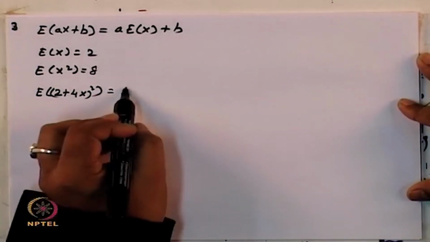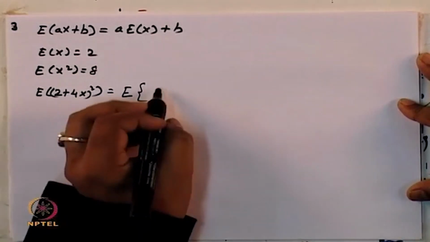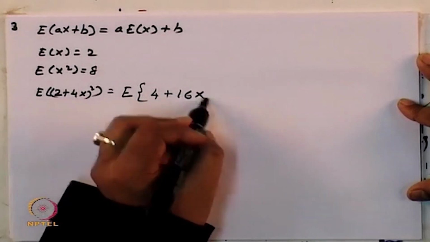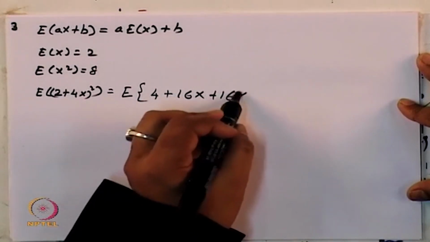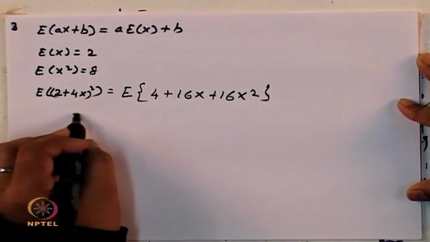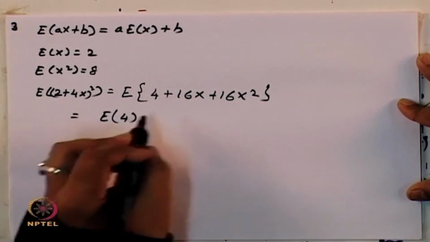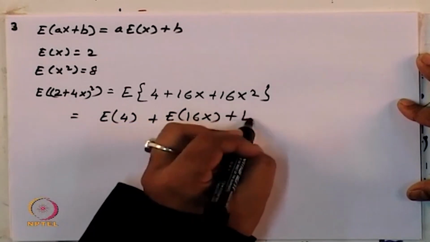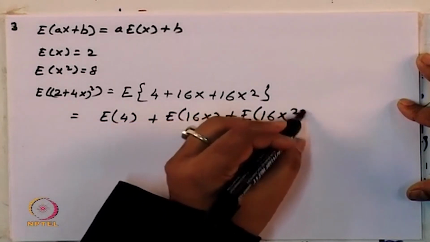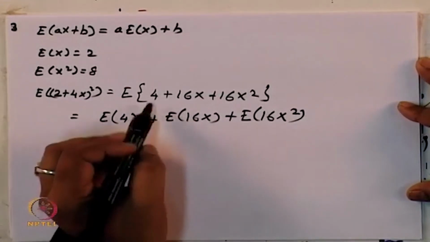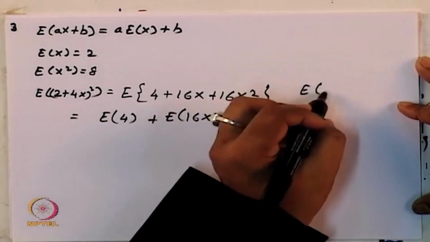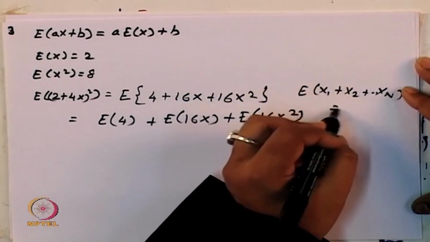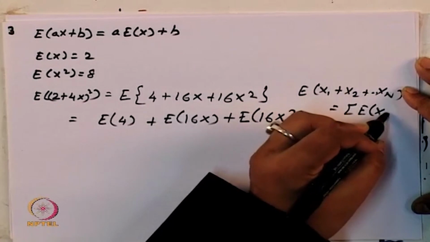So, what is it? I can expand this, expectation of 4 plus 16x plus 16x square. Then I can write expectation of 4 plus expectation of 16x plus expectation of 16x square. Here in this equation I have invoked E of x1 plus x2 plus dot dot xn is equal to summation E of xi.